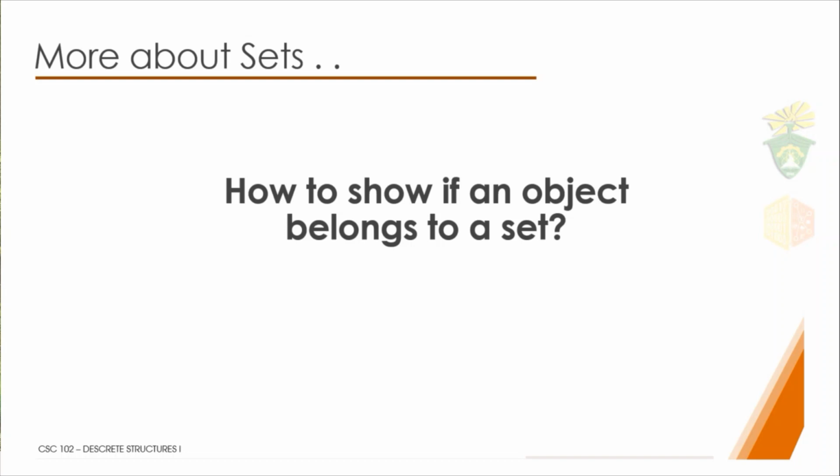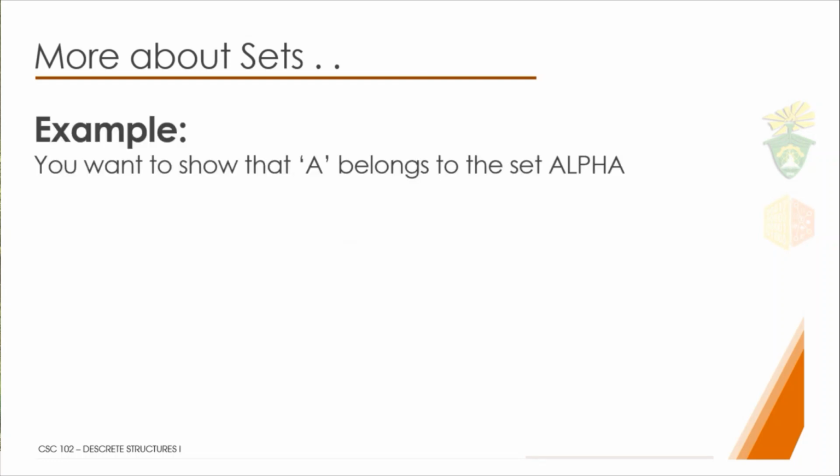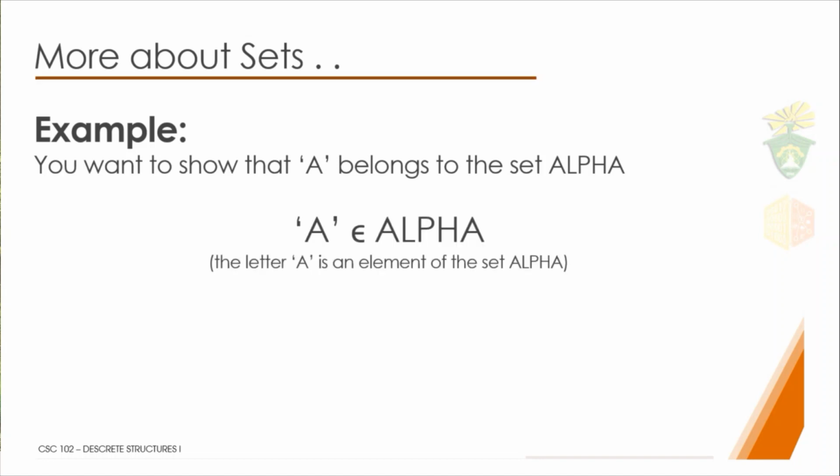Also, there are instances wherein you want to show that a certain object is a member of the set. So for example, we all know that the letter A is a member of the set alpha. So alpha is a set containing all the letters in the alphabet. Thus we write that the letter A is indeed a member of alpha as we write here.